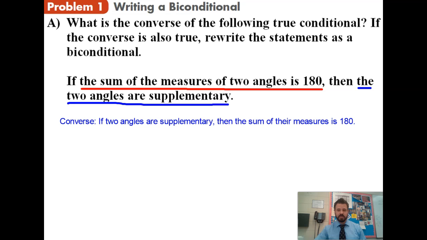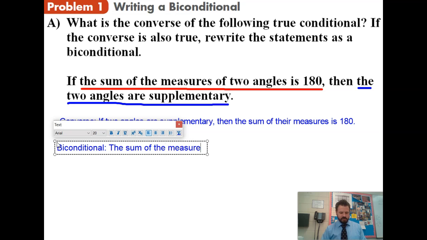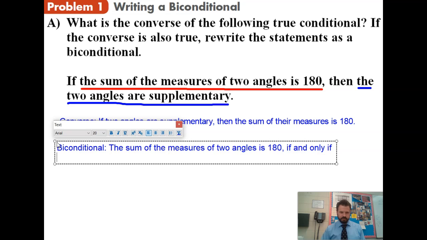That's basically the definition. So I can write the biconditional, which is basically an if and only if where the then is. We could say the sum of the measures of two angles is 180, if and only if the two angles are supplementary.